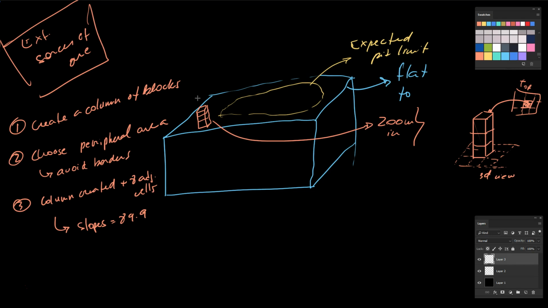So SimSched will be able to, just in this region where you have this column, and of course the rest is empty, but it's important to set them as 89.9 as well. So SimSched will be able to, for this very specific column you created, and we could call it an artificial stockpile.